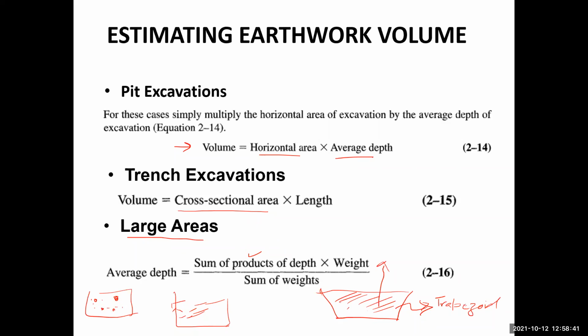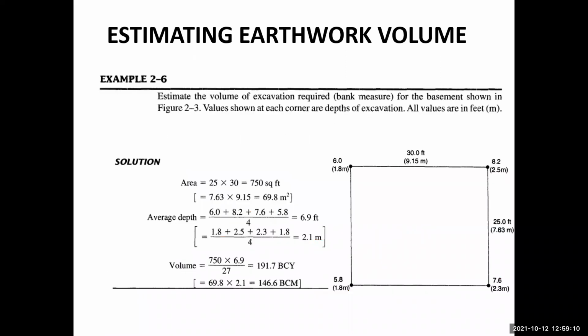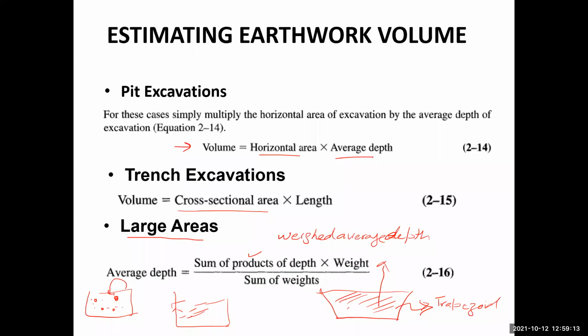So at various points, we will find the amount of excavation, and these will be multiplied by some weight, and then divided by the sum of the weights. So this is the weighted average. That means we find the weighted average depth first, and then it is multiplied by the area of the land to find the volume of the excavation, in the form of large areas.